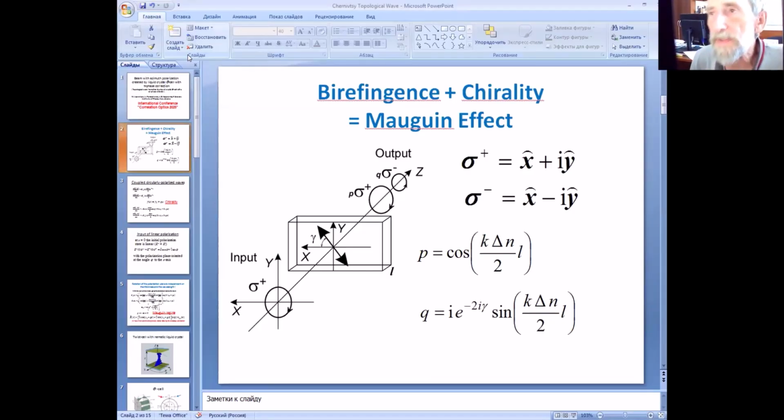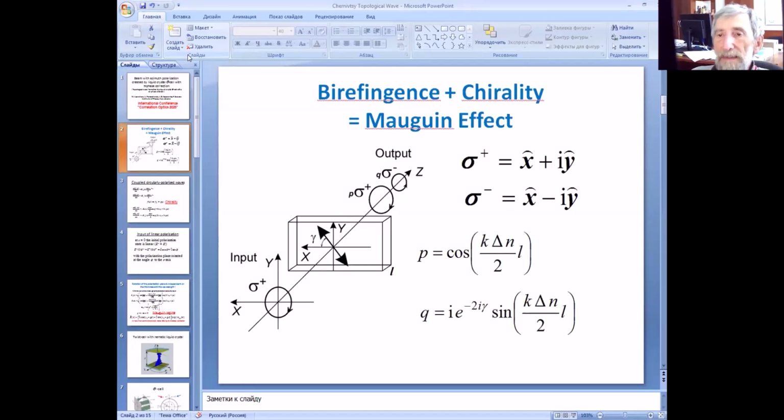So the first picture shows how polarized light propagates through a birefringent medium with the anisotropic axis inclined at the angle gamma. It is very convenient for the future to use the basis with circular polarization.